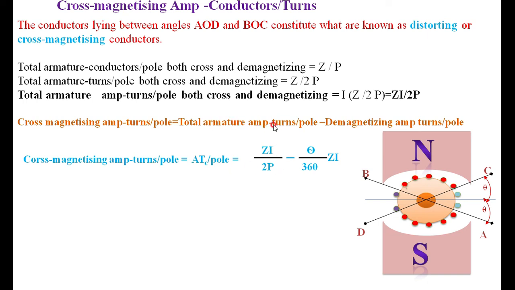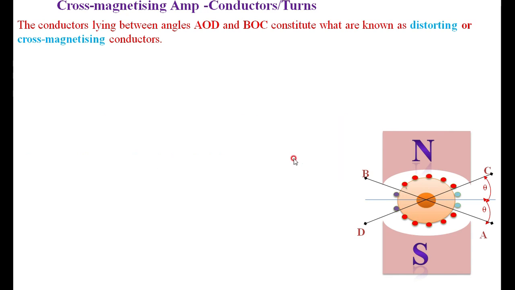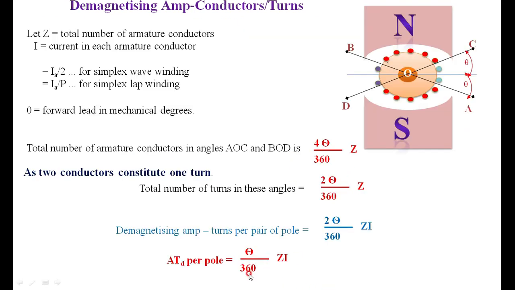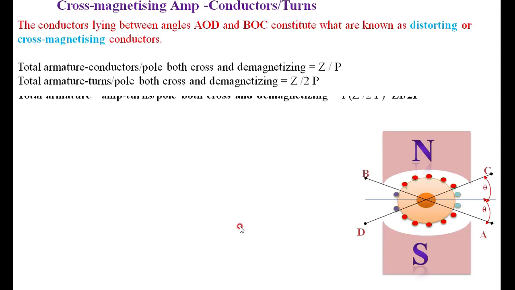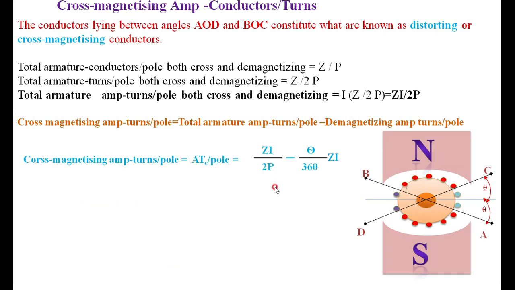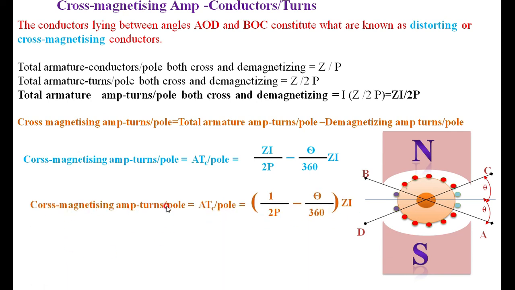The total armature ampere turns per pole is Zi by 2P, whereas the demagnetizing ampere turns per pole, already derived, is theta divided by 360 into Zi. Just substitute that here. Then the cross-magnetising ampere turns per pole ATC is equal to Zi, which you can take common, times 1 by 2P minus theta divided by 360. This is how you derive the equation for the cross-magnetising effect.